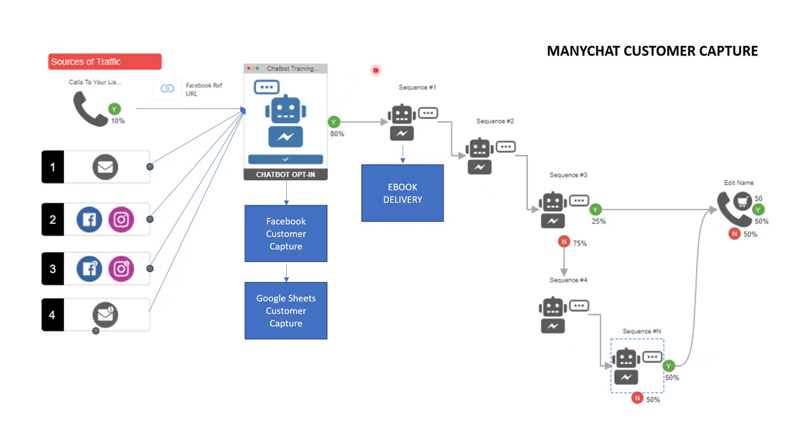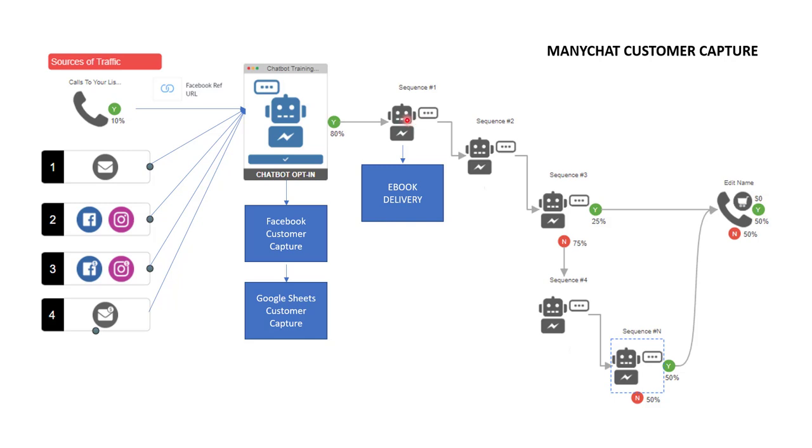And if you remember from previous trainings, this is what's called a sequence. So they come in, you give them a link, and it starts a sequence. Those are like autoresponders in email, except that the people can respond back to you, and you can interact with them.